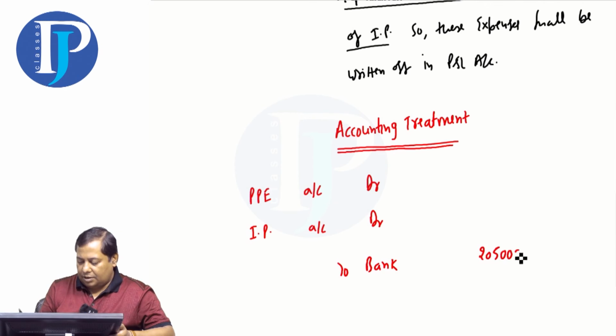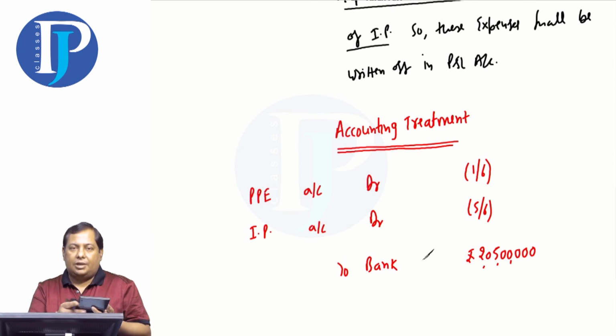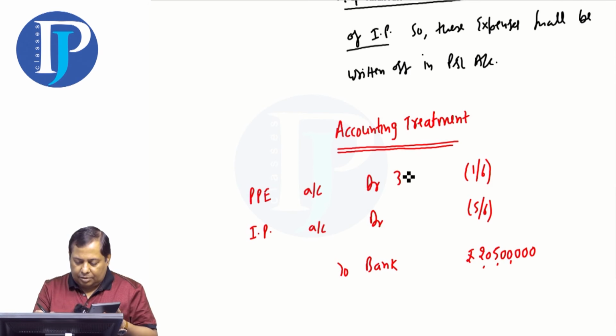We incurred expenses of 2 crore and 5 lakh rupees. We will do 1/6 of this and 5/6 of this. You have spent 2 crore 5 lakh rupees, so you have bought 6 houses. So this will be 34 lakhs 16,667.